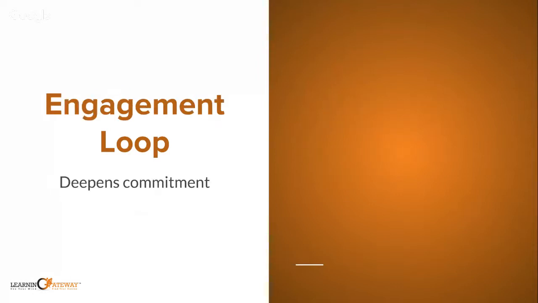And our last loop is an engagement loop. The purpose of that loop is to deepen commitment to not just the individual activity, but the broader program or the broader goal or objective that your game design is being applied to achieve.